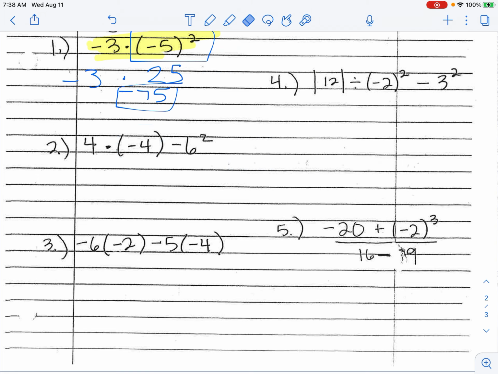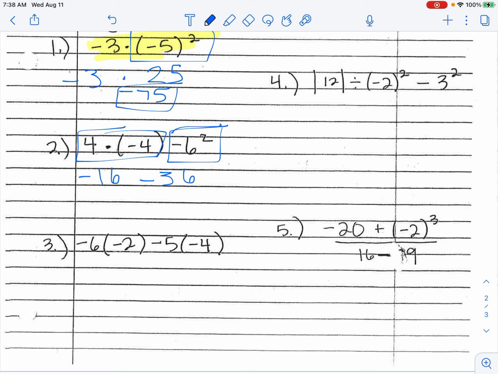All right, so my operations are multiplication, subtraction, but I do also see an exponent. So that's the first thing I'm going to focus on over here, my negative 6 squared. Okay, so remember that is like negative 1 times 6 times 6. So that would be negative 36. And then over here, I've got 4 times negative 4. Positive times a negative is a negative.